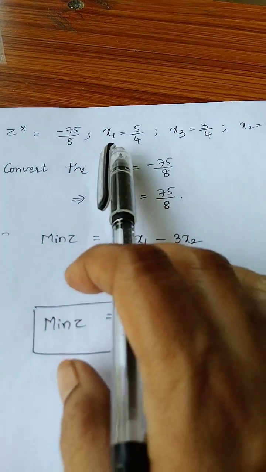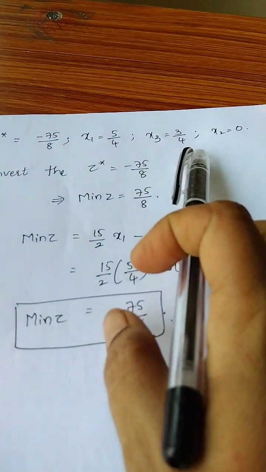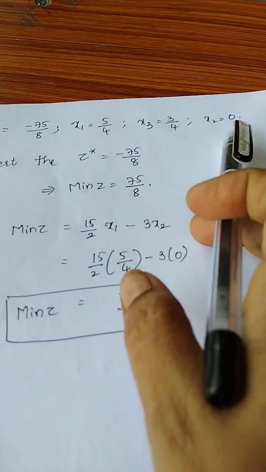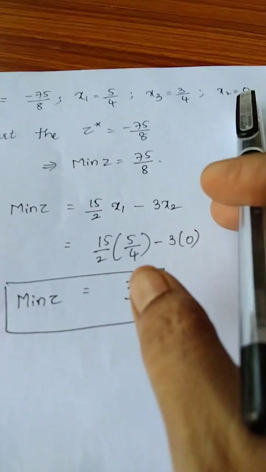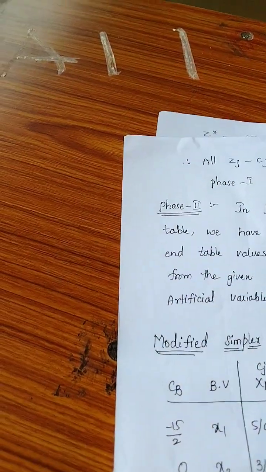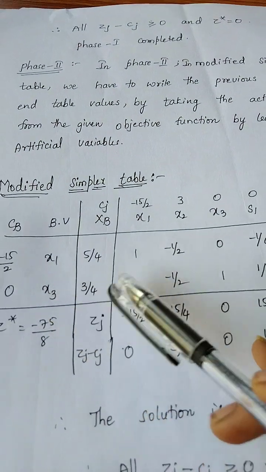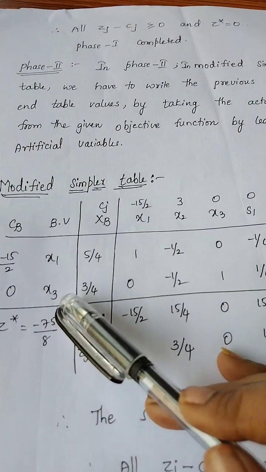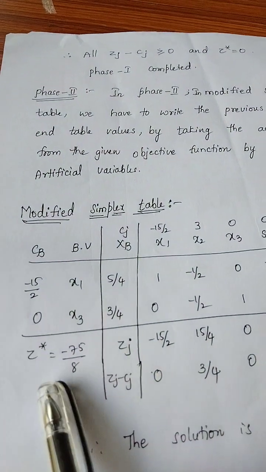And by substituting, the value of x1 is 5 by 4 and x3 is 3 by 4, while the decision variable x2 is not there in the last simplex table. See, so this is your modified simplex table now. So x1 value is 5 by 4, x3 value is 3 by 4, there is no value of x2. So x2 is 0 and Z star is minus 75 by 8.